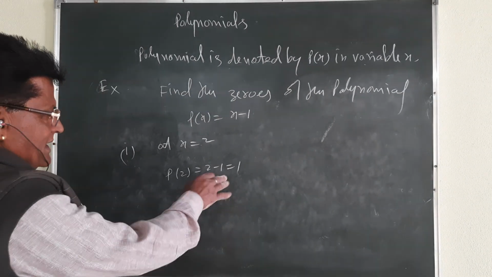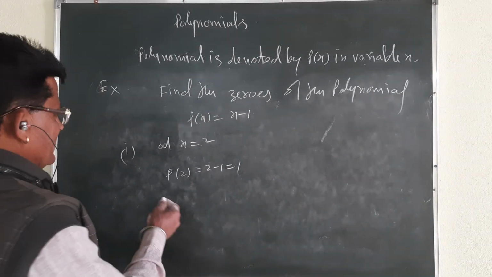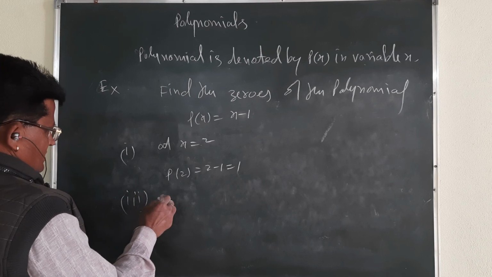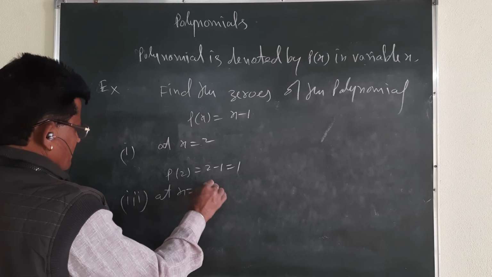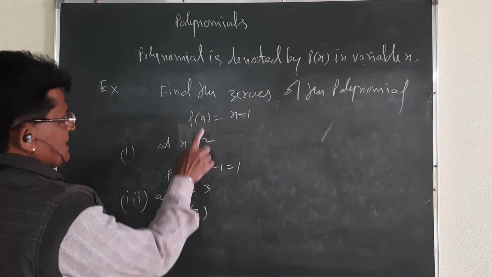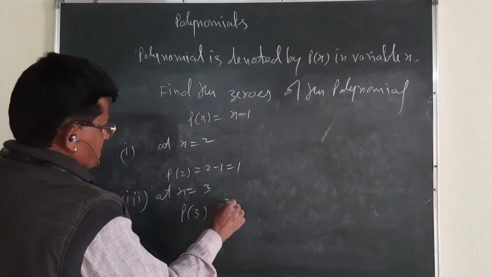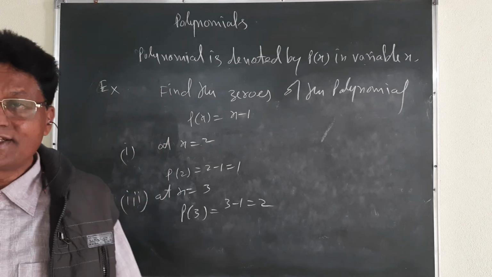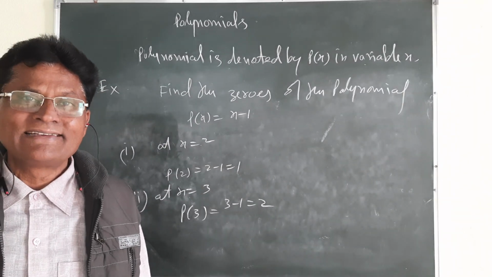Then we are getting 1, it is not a zero. Okay, you can take 3. Second case, trial and error. At x equal to 3, you take P(3). In place of x you write 3. 3 minus 1 is equal to 2. That is why 3 is also not a zero of this polynomial.